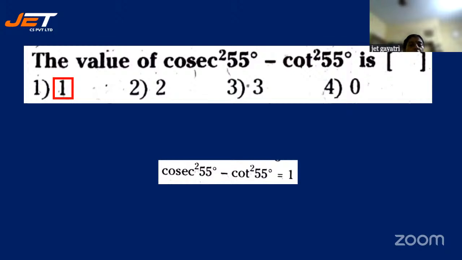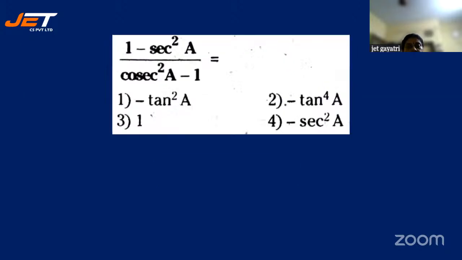Isn't it? So whatever may be the theta, whether it is 55 degree or whether it is 108, whatever. So cosecant square theta minus cot square theta is equal to 1. So option 1 is the correct answer.